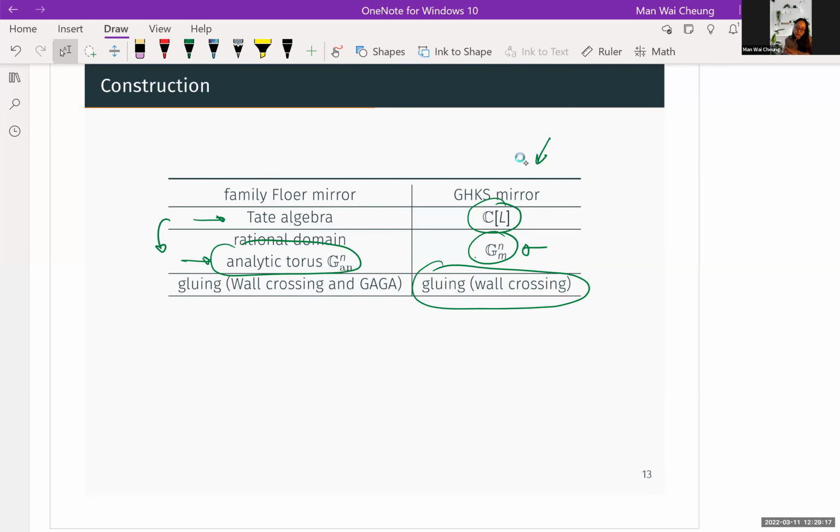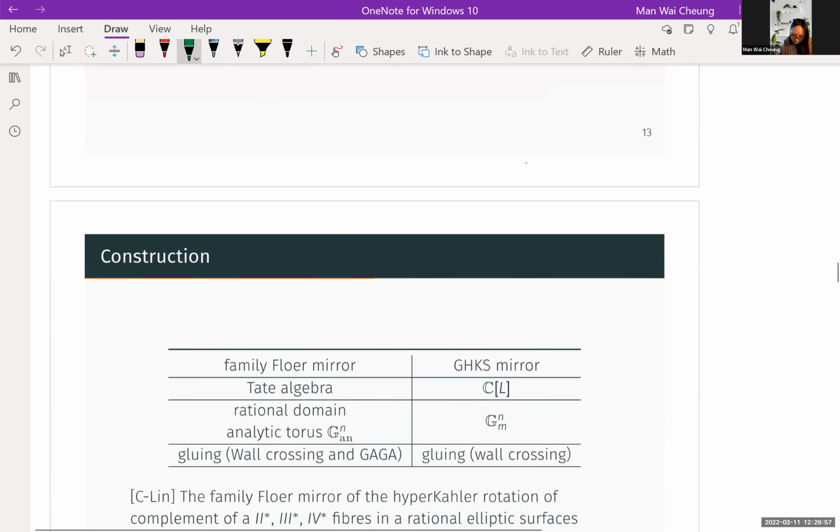The lattice corresponding to each piece of gluing is really a whole lattice, because if we just have this, that will be C in the toric. So that is actually one of the main parts of our construction. But anyway, once we establish this, we again glue the analytic torus by wall crossing, and by GAGA, we can lift it up from the algebraic world to the analytic world. So this is what we obtain.